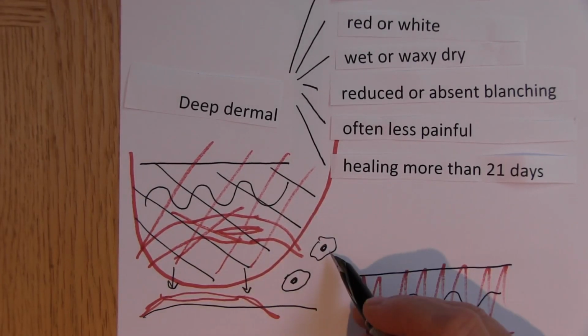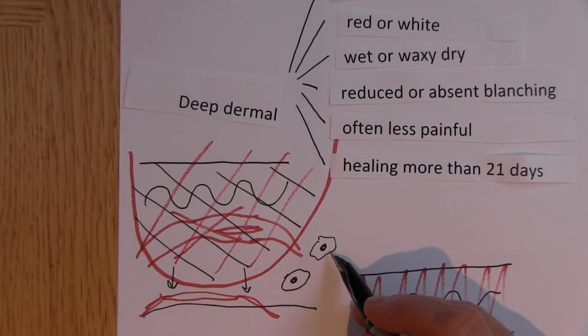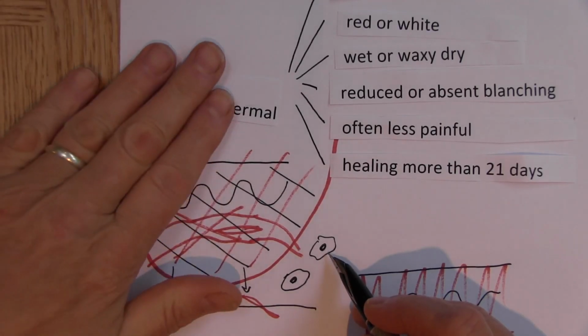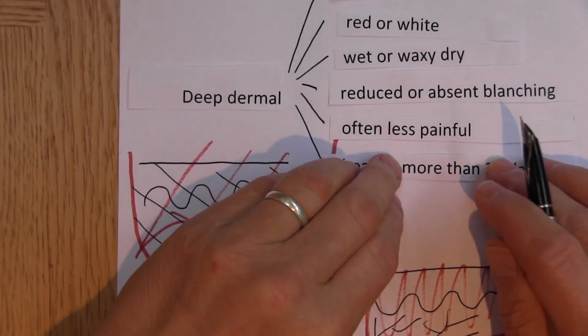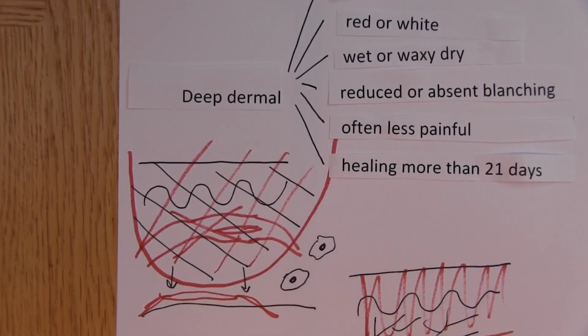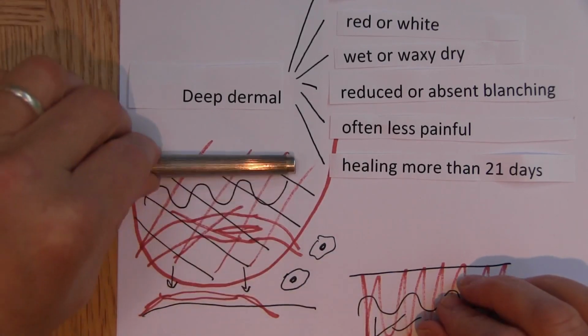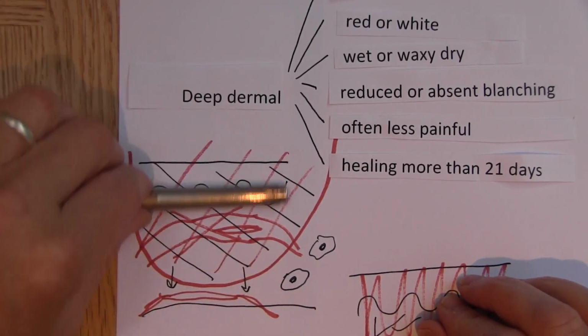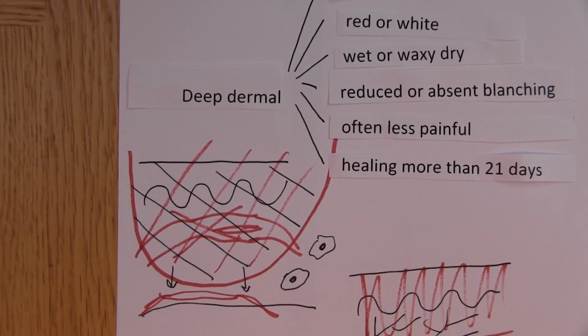It's the fibroblast cells that produce the collagen to give the tensile strength to the dermis. So you're starting from a low base, a low cell population, so healing is going to take longer. And as well as that, there's a much greater thickness of skin that requires healing, so it's going to take more time.